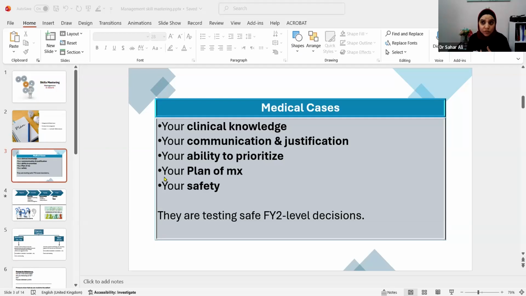If you're not able to do that, believe me, you will have very low marks in the management. And lastly, your safety. They test a safe FY2 doctor who is deciding the correct, safe decisions. So this compilation of elements in the management should be shown in the exam.